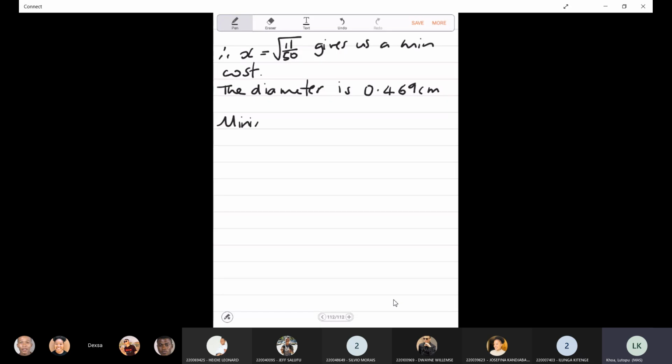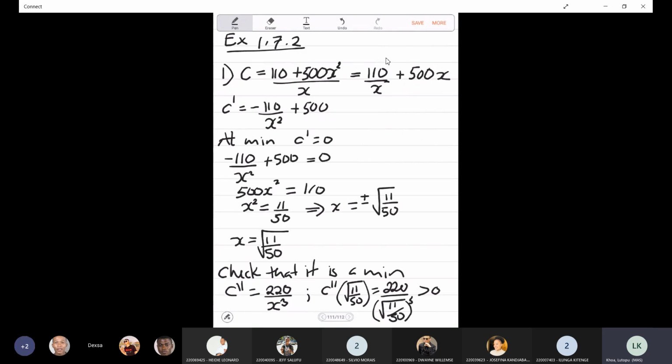So the minimum cost, we just substitute this value x into the original equation for C. So this is 110 plus 500 square root of 11 over 50 divided by, this is squared by the way, over square root of 11 over 50. So I'm just substituting it into this formula here for the cost.